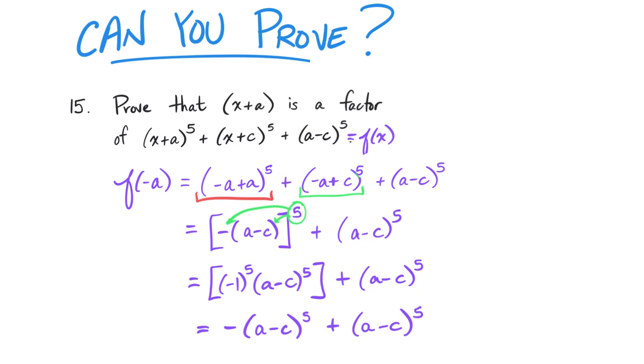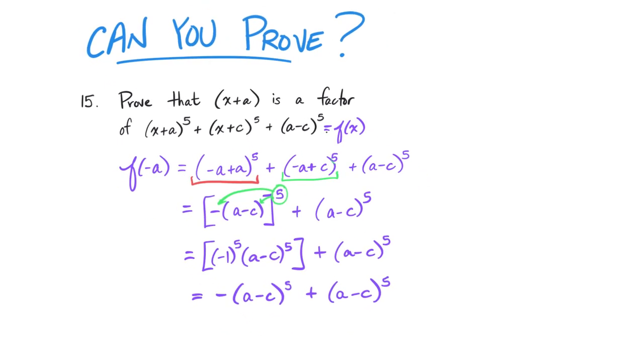Now, I am hoping that what you see right now is enough for you to go, okay, there's my 0. Let's take a peek for a second. You have the negative of something, and you are going to add the positive of that. You are going to collect 2 things that are exactly the same, just different signs. And anytime you collect 2 things that are the same with different signs, you get 0.